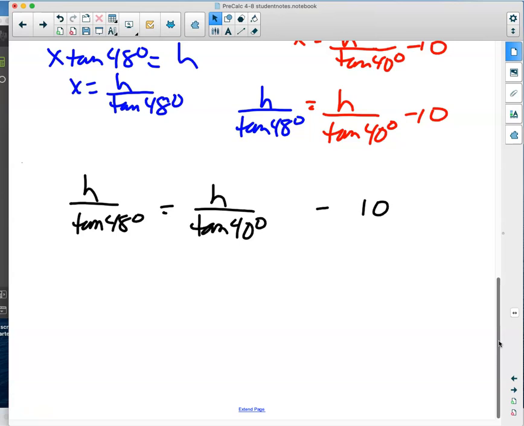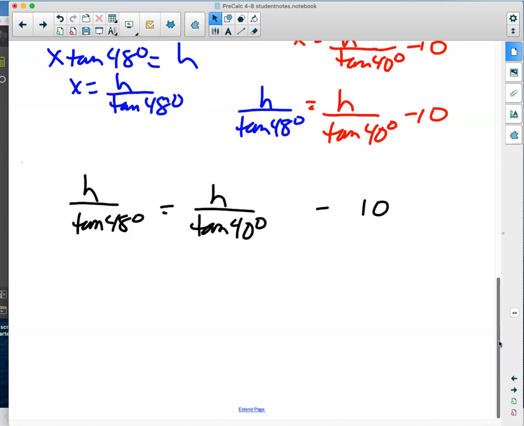I don't want to work with fractions all the way through. I absolutely do not want to work with a least common denominator of the tangent of 48 times the tangent of 40. And the way that we solve when we have these rational equations is we multiply the whole thing by the LCD to get rid of all of those fractions. And that is my LCD.